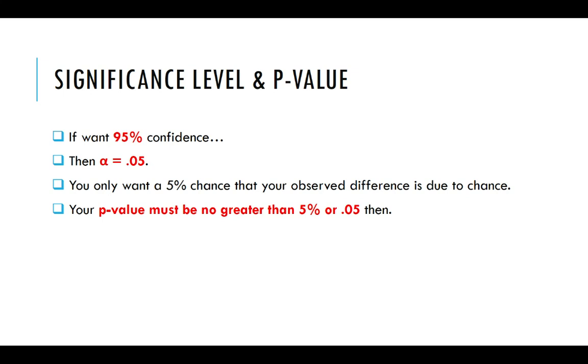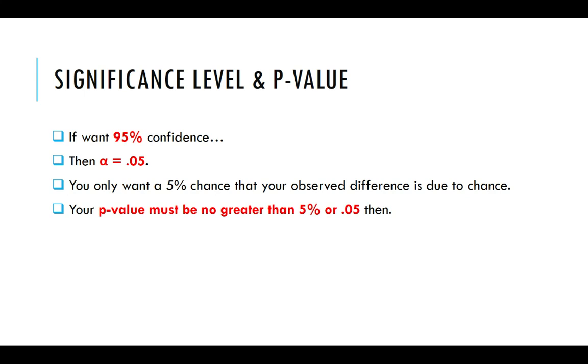Well, this means then, from your statistical package, that your p-value must be no greater than 5% or 0.05. Because again, your p-value is calculating the probability that your result is simply due to chance. And you've already said, look, I'm only willing to accept a 5% chance that my result's due to chance.